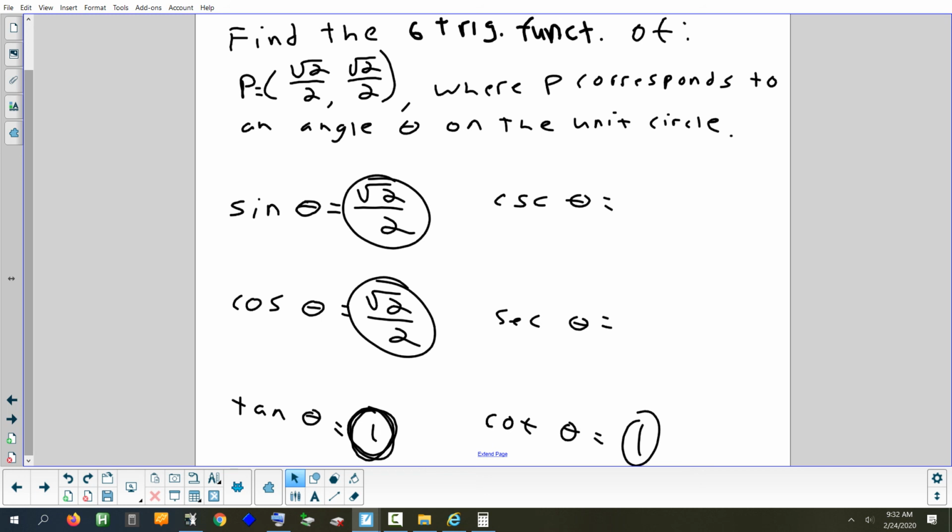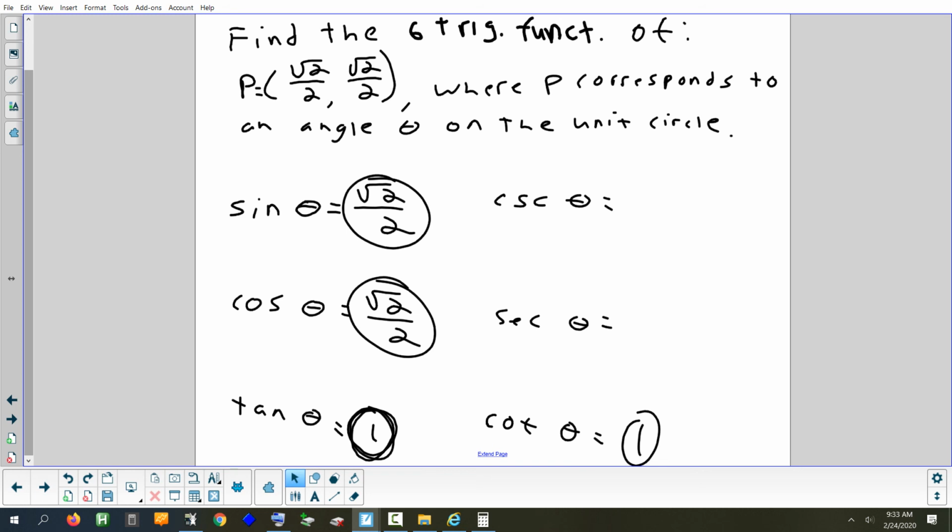I'll leave you wondering. Maybe you'll figure it out. All right, let's look at the cosecant. We already have the sine. So Emma, what do I have to do with the sine to get my cosecant? Flip it. That's it.